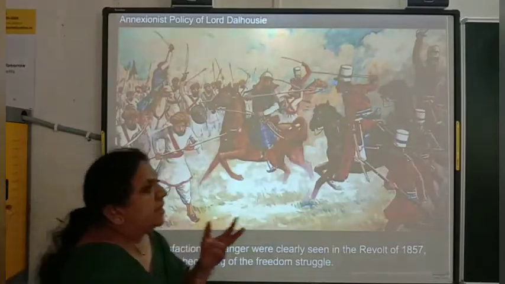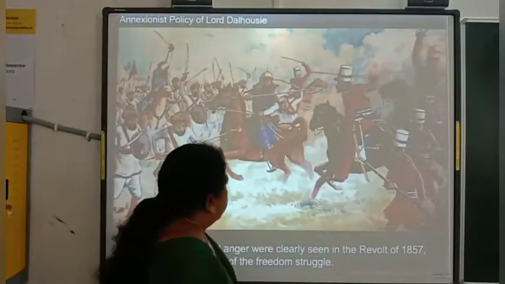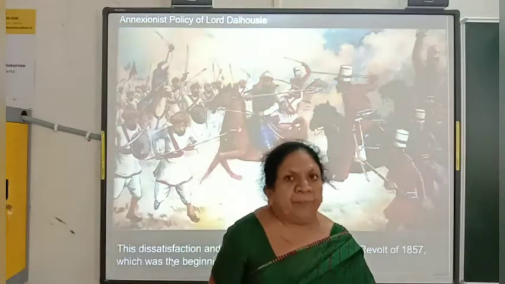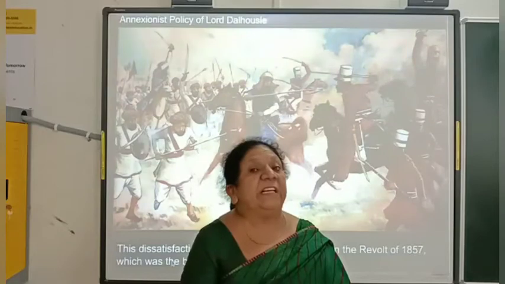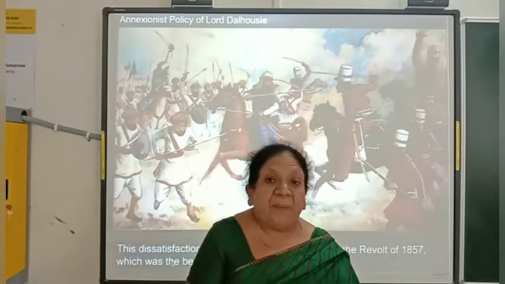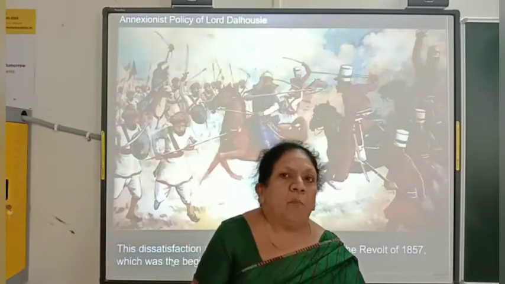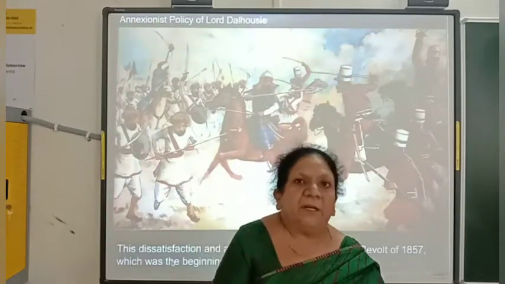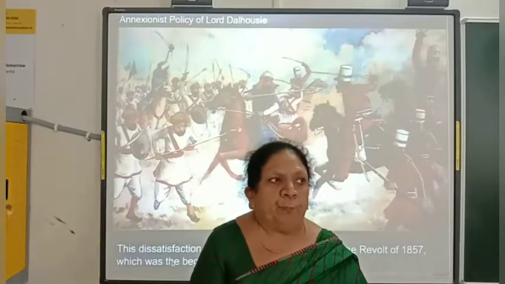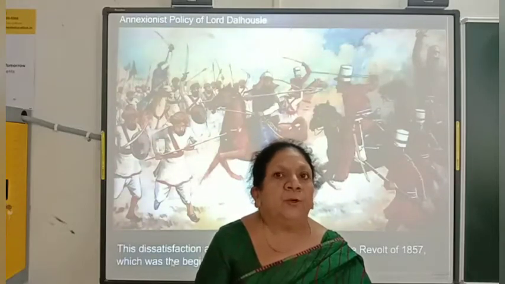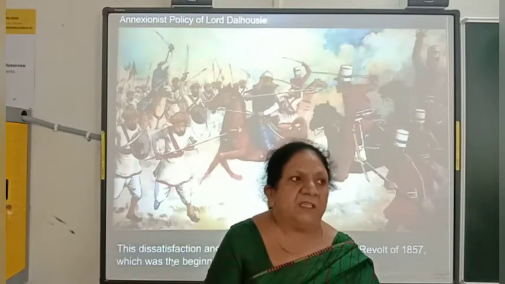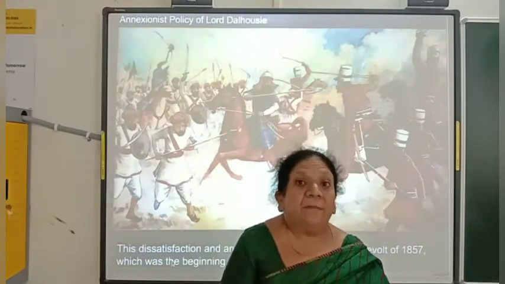So a divide and rule system was made. In the revolt of 1857, the tips of the guns were greased with cow's flesh and pig flesh. Both Muslims and Hindus did not like this, and it was Mangal Pandey who came to know of it. He was the first person who revolted against this, and he even killed an English officer. This is how our freedom struggle started.